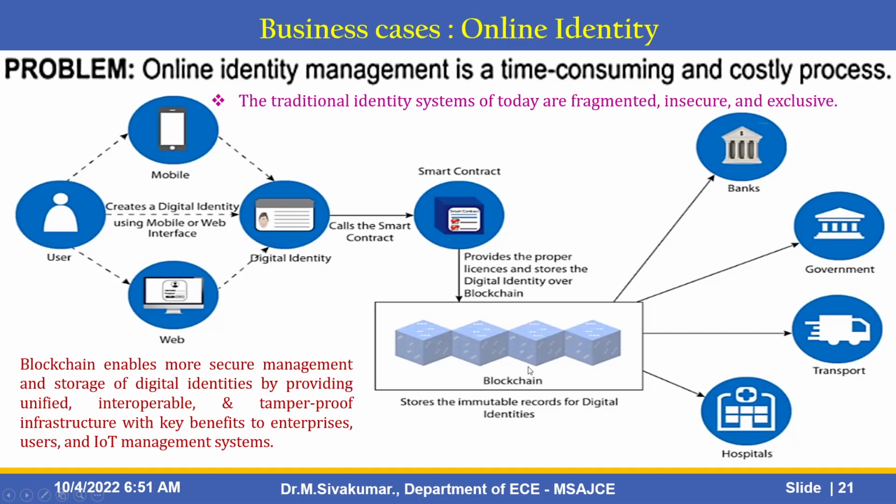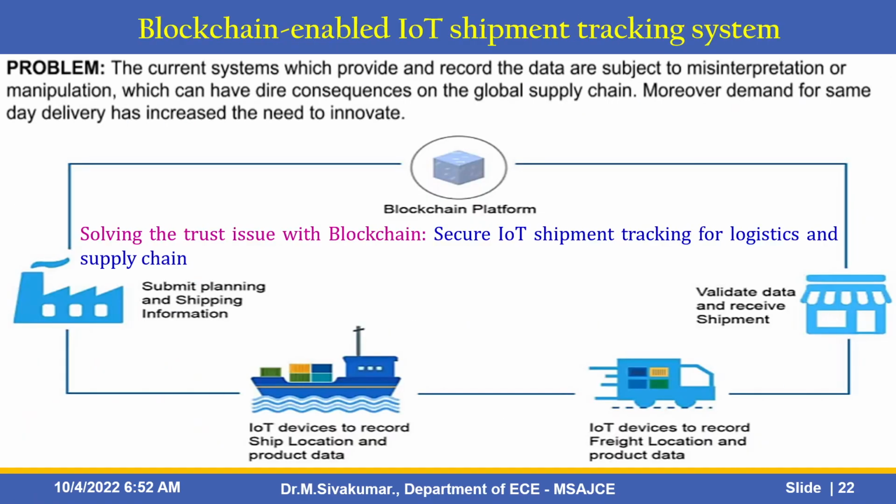Then finally, with these blockchain records, the user can use this digital identity with any organization, like banks, government, transport, and hospitals. This is an online identity, so you can save time and easily get your digital identity through blockchain technology.